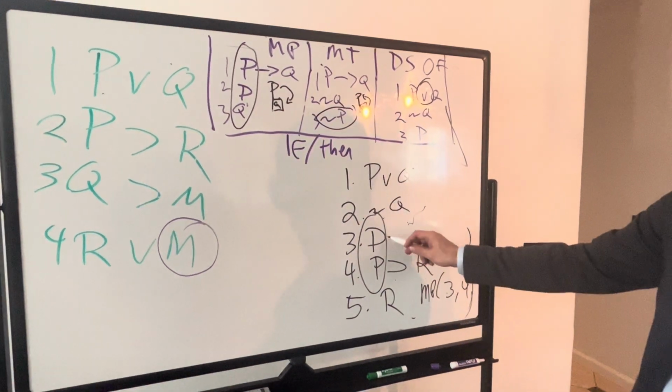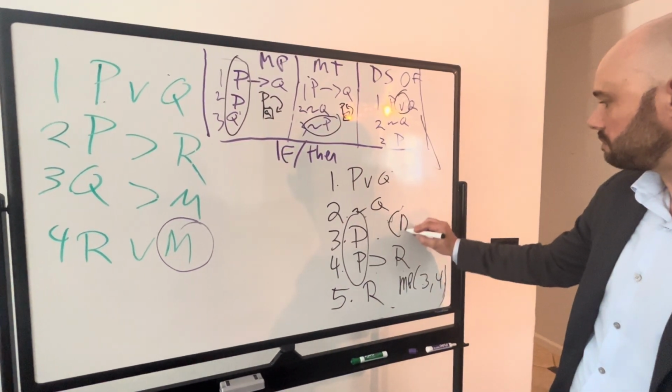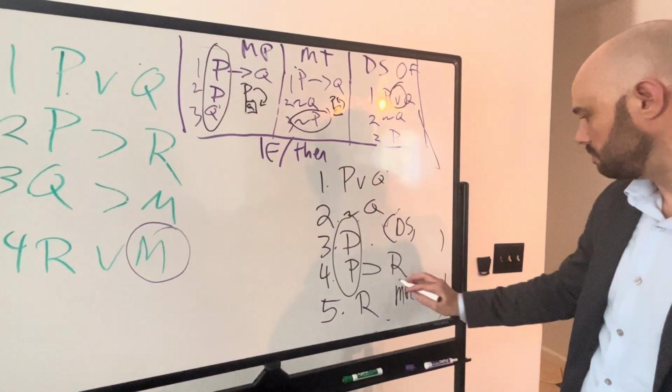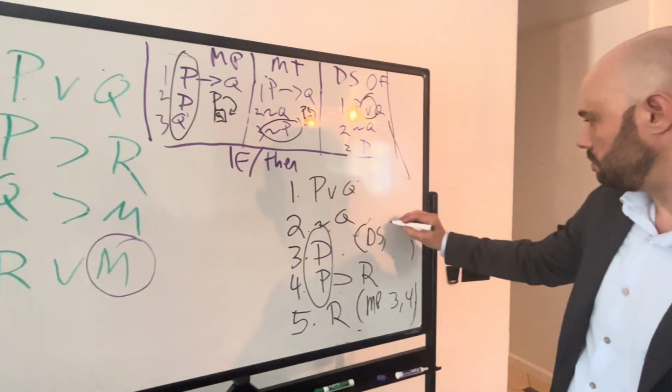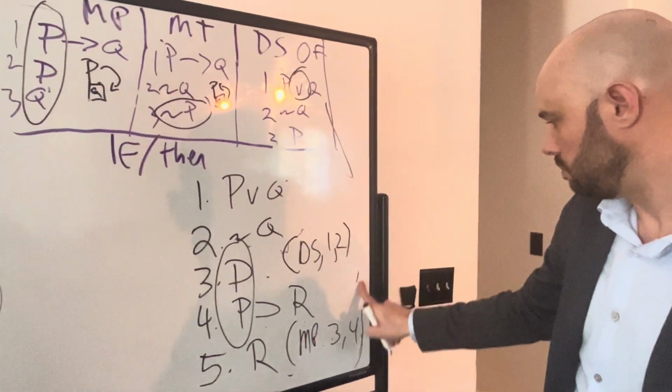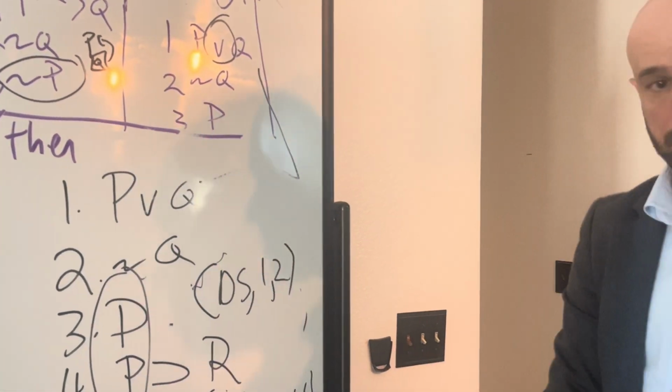And this one right here was a disjunctive syllogism. And we have the R.